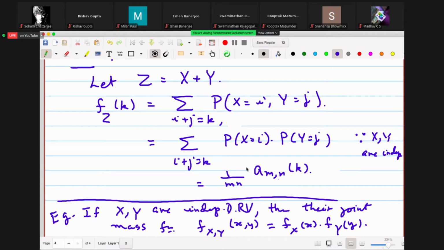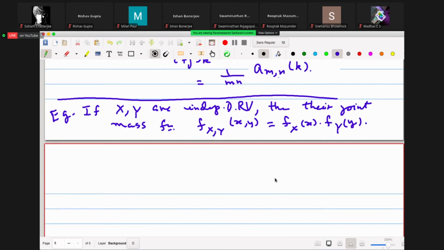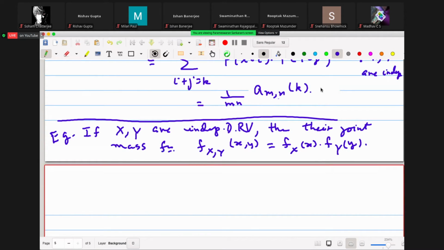But it is not unrestricted, so we need to be a bit careful, but we cannot say anything beyond this. You have to write this carefully. Do you understand what this function is? A_{m,n}(k) is the number of ways of writing k equal to i plus j.